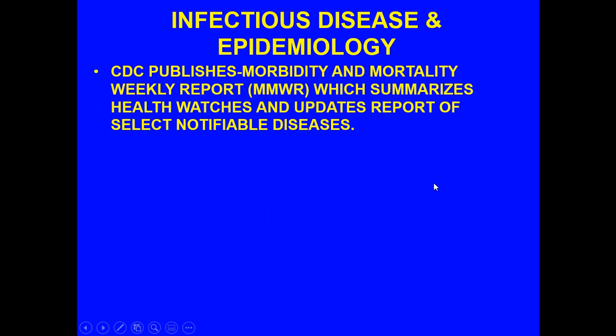Now, here's another document that, if you are interested, you can easily get on the web, and you can actually get it delivered to you each week. It's called Morbidity and Mortality Weekly Report, MMWR. It's a publication from CDC. Basically, it summarizes health watches and update reports of selected notifiable diseases. Yes, you'll get information on COVID.